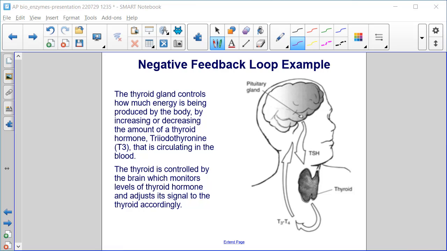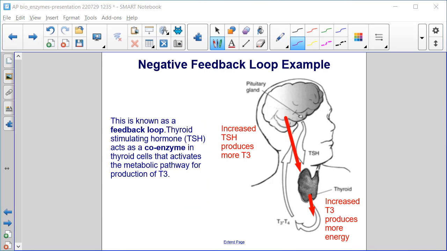The thyroid gland controls how much energy is being produced by the body by increasing or decreasing the amount of a thyroid hormone, triiodothyronine, or T3, that is circulating in the blood. The thyroid is controlled by the brain, which monitors levels of thyroid hormone and adjusts its signal to the thyroid accordingly. So the brain signals the thyroid to produce these thyroid hormones.